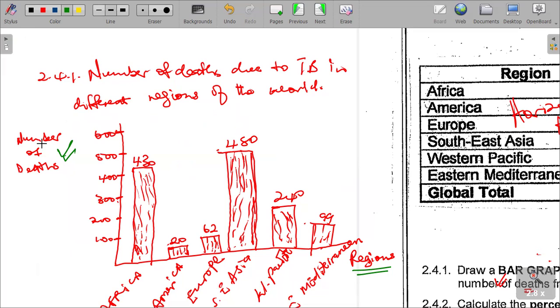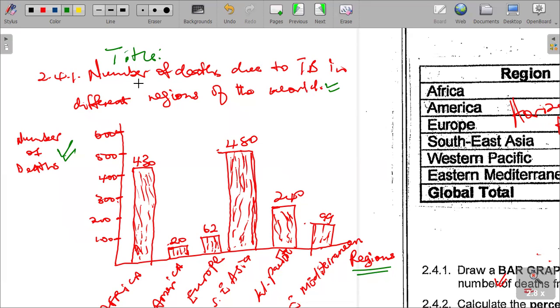But when you are drawing, please make sure that you use a ruler and a pencil. And please, don't forget that whenever you draw a graph, there is a title that is given.